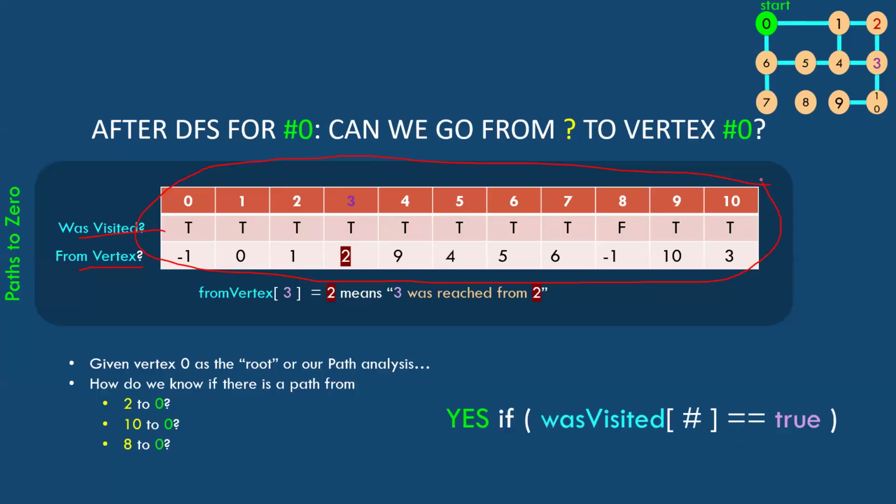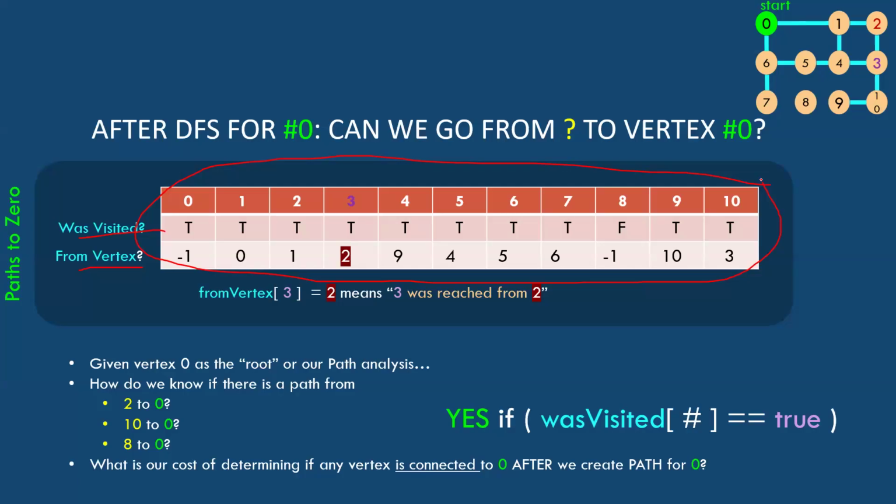And we can answer any question we want. If was visited, position number equals true, then we know we can reach it, and we have to walk back in a while loop to get back to our source vertex. Okay? The cool thing is that once you've done this analysis on a very large graph, the cost to answer these questions is constant, right? Because we know instantly.